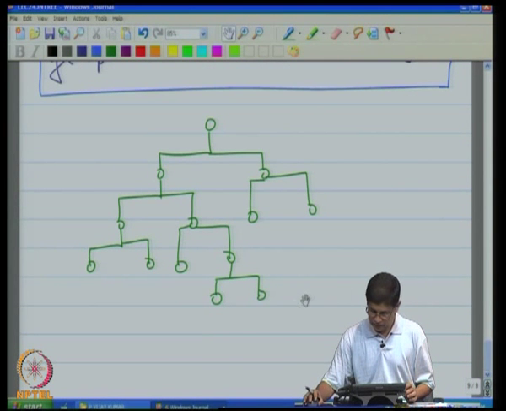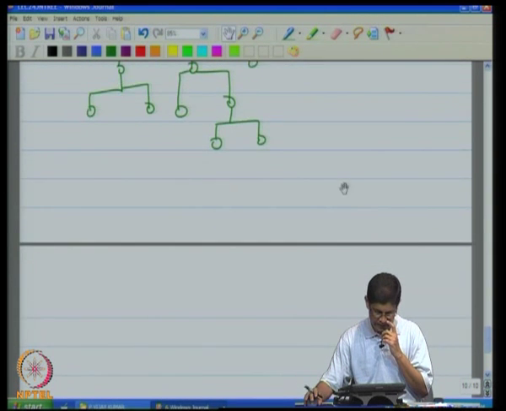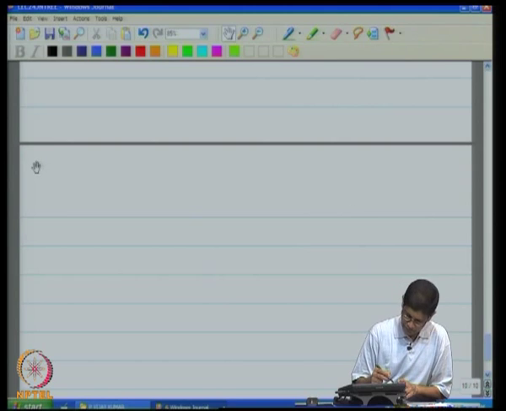So, that is the picture you should have in your mind for a tree, and just some observations about trees. We will call them nodes.